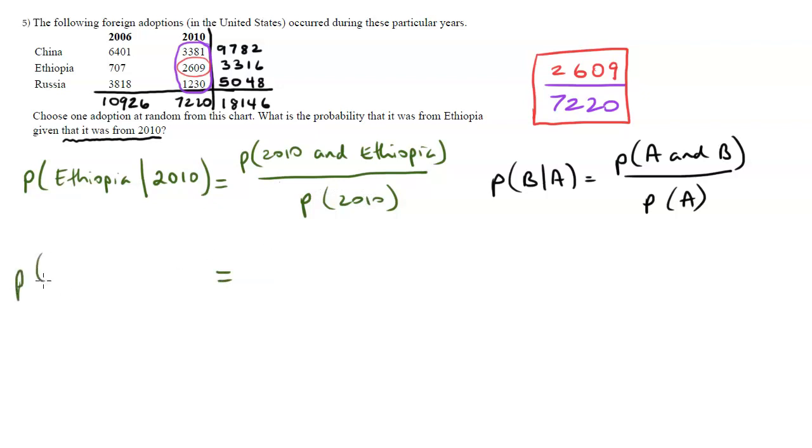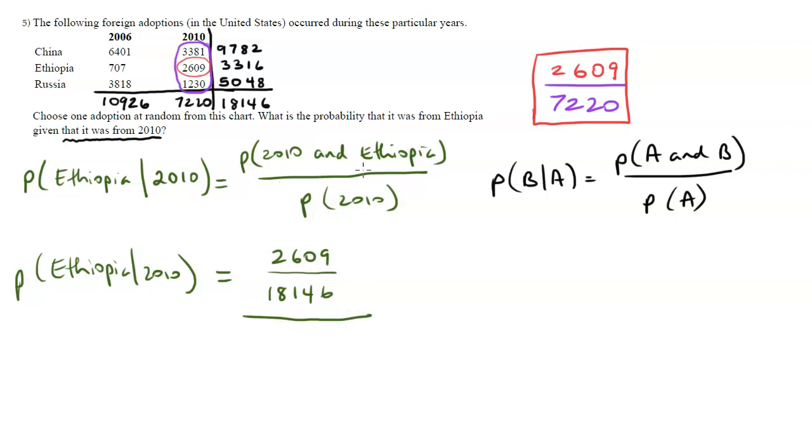So to calculate this probability now, let's write this. The probability that this adoption came in 2010 and from Ethiopia, that's the intersection of the two, 2010 and Ethiopia. Now this is really 2,609 out of 18,146.